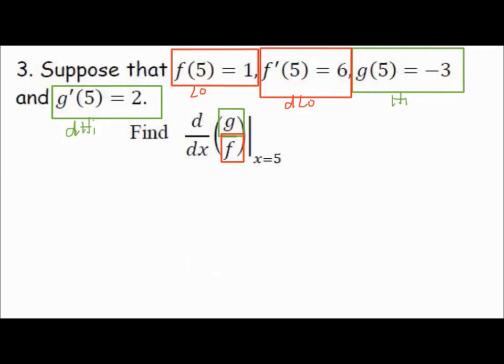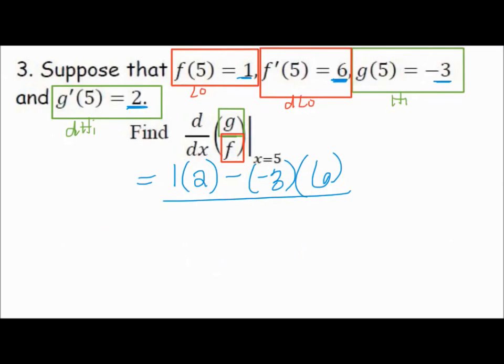Alright, so let's go ahead and take our derivative. So this is going to be equal to my low, which is 1, times the derivative of my high, which is 2, minus my high, which is negative 3, times the derivative of my low, which is 6.